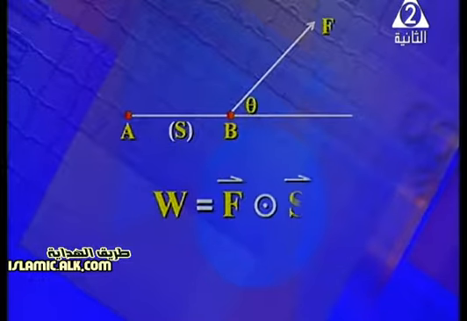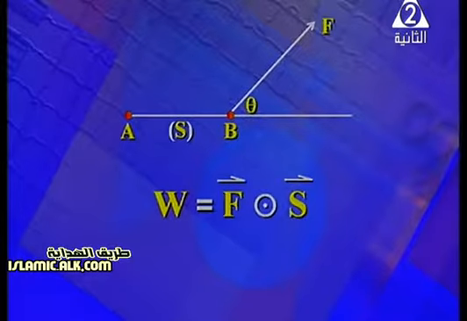Look at, dear student, if we have this force inclined to the horizontal by angle theta, what is the work which we need to move a body from the initial position A to the final position B? This W equals vector F scalar product vector S. What is the vector F?